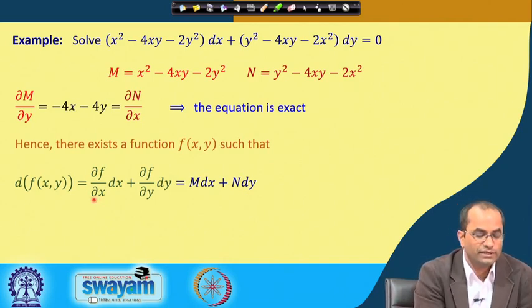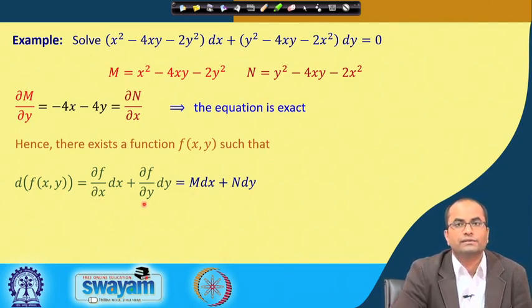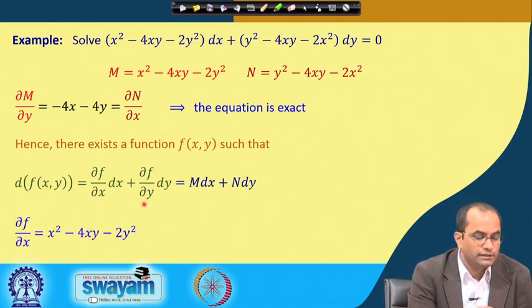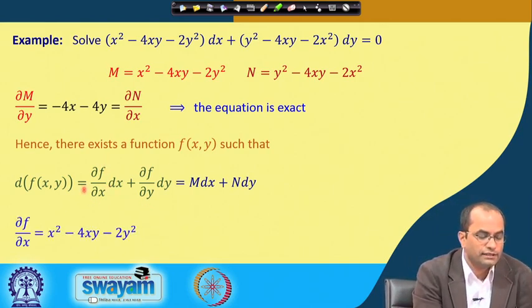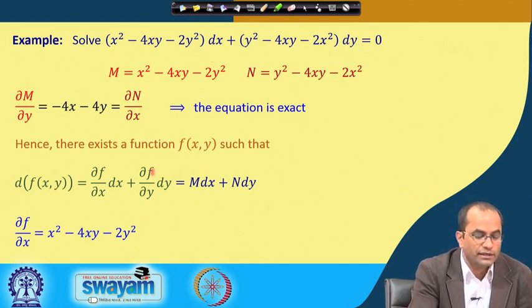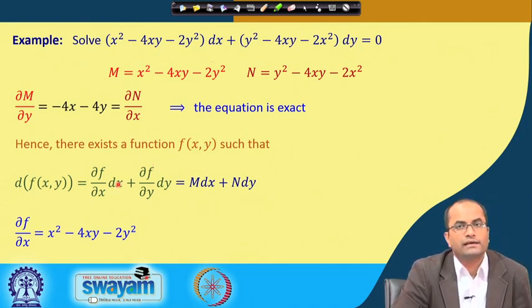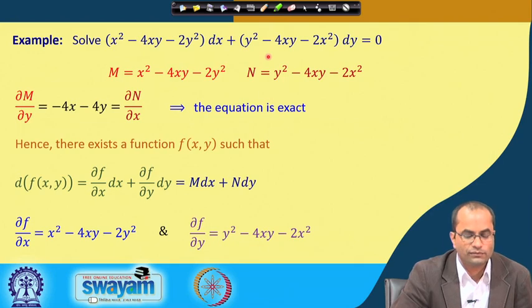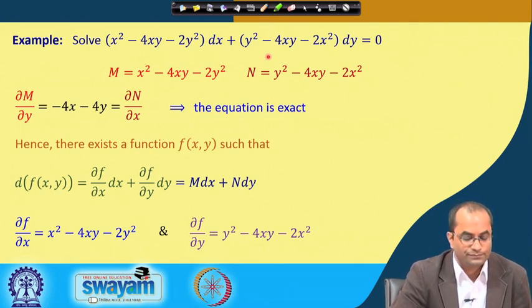So, here we can have the relations of this f to this M and f to this N. The partial derivative of f with respect to x must be equal to M, meaning x² − 4xy − 2y², and the partial derivative of f with respect to y must be equal to N, which is y² − 4xy − 2x².